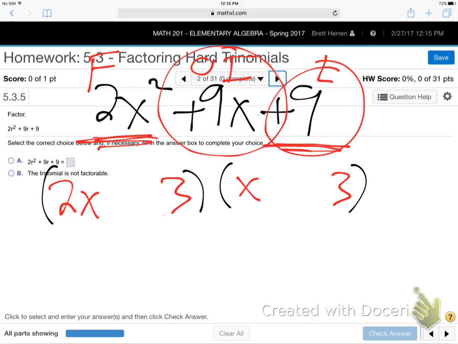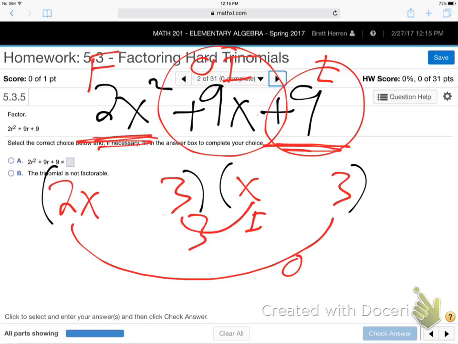Got to do the OI thing, right? So check the OI. Check the outer with outer and the inner with inner. Draw these arrows. These are the 2 inner. These are the 2 outer. That's the OI thing. The 2 inner makes 3x. The 2 outer makes 6x.